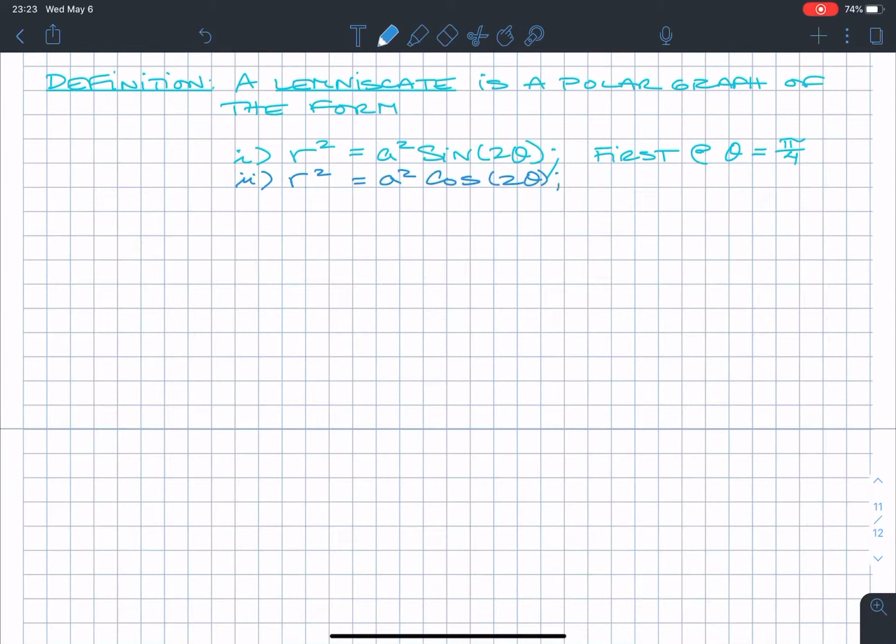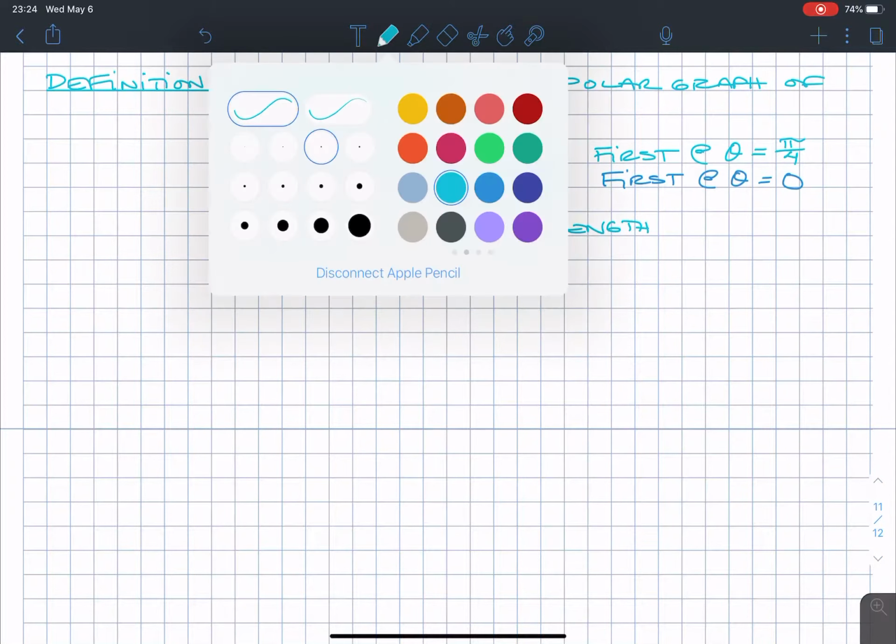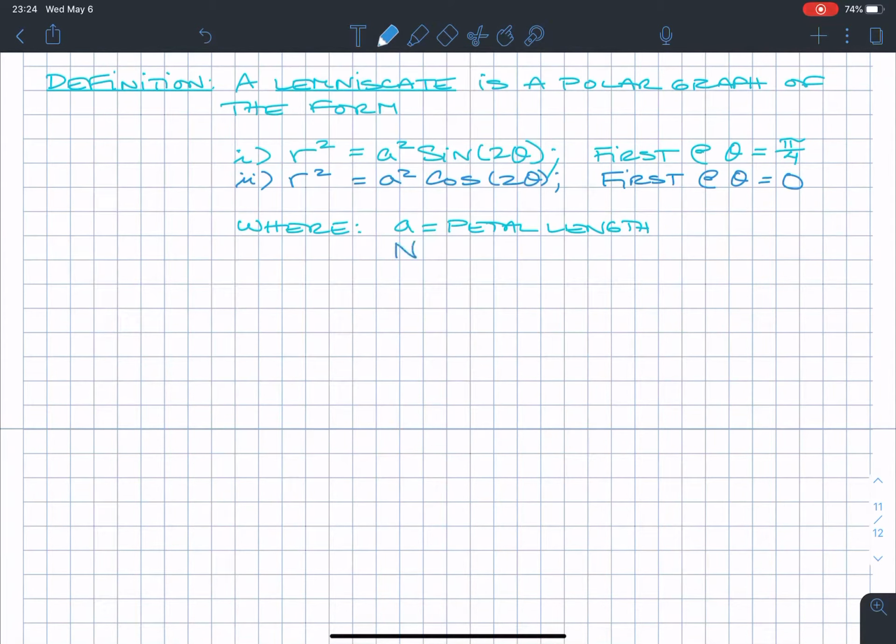where again the first petal, because it's cosine, will be along theta equals 0 radians, where a is the petal length and the number of petals n is always 2, because we have r squared here, not r, so it's different.